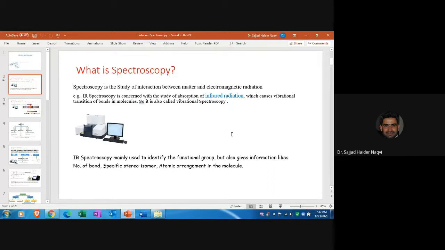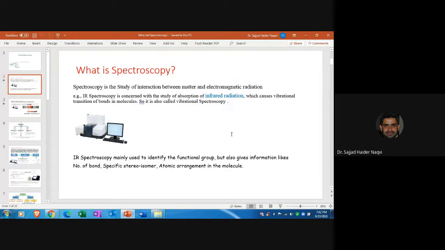In IR spectroscopy, we mainly use this technique to identify specific functional groups within the molecule, but it's not limited to that. It can also give information about the number of bonds present in a compound, the specific type of isomers like stereoisomers, and the arrangement of the atoms in the molecule.